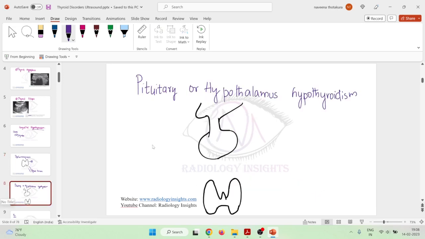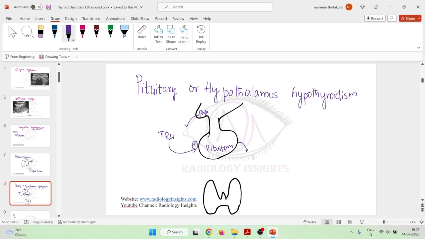Then we have pituitary or hypothalamic hypothyroidism. Normally, this is the hypothalamus. This is the pituitary gland. The hypothalamus will produce thyrotropin releasing hormone, TRH. This thyrotropin releasing hormone will activate the pituitary gland.